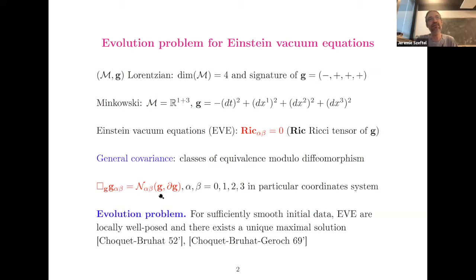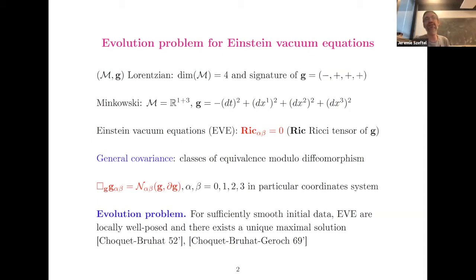And then on the right-hand side, I have some coupled nonlinearities. Of course I'm in dimension 4, and the metric is symmetric, so this is a coupled system of 10 nonlinear wave equations. In fact, they are quasilinear because even the top order derivatives are nonlinear, since the d'Alembertian depends on the metric.